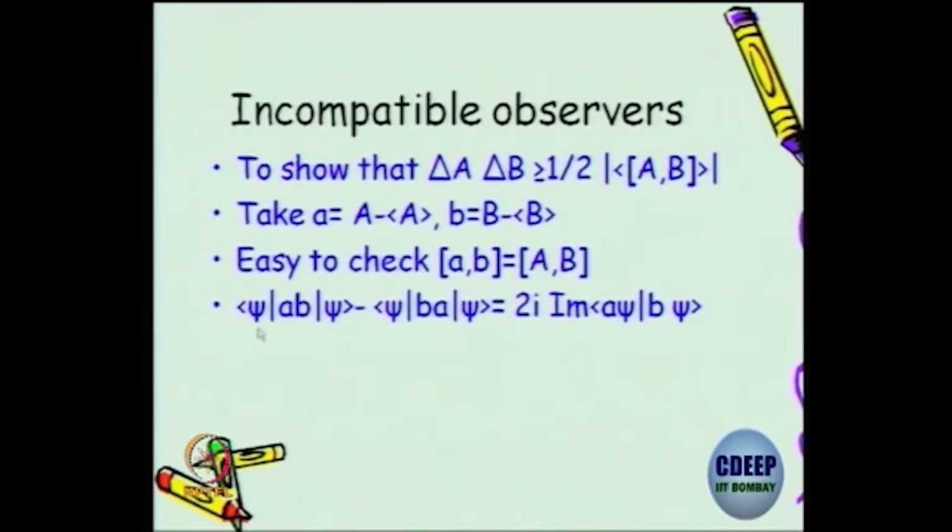Then you can also use this fact that if you take the matrix element of the little a b operator between some arbitrary state psi, and you interchange that, that's nothing but the commutator bracket evaluated as an expectation value, right? This step you can verify. You can write A with psi as some phi, B with psi as some chi, and then this will be the star of it.